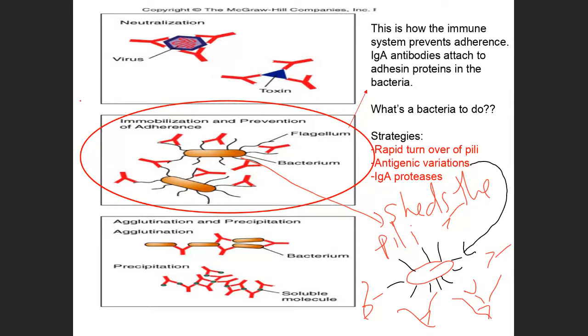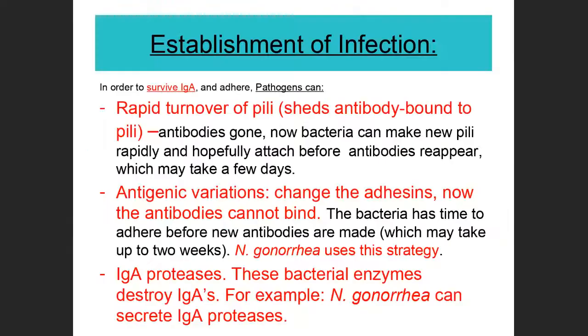Okay, so there you go. Those are some good strategies that the bacteria can follow to prevent being stopped by antibodies from gaining access to the host. Antigenic variations, IgA proteases, rapid turnover of pili, Neisseria gonorrhea can do all of these.